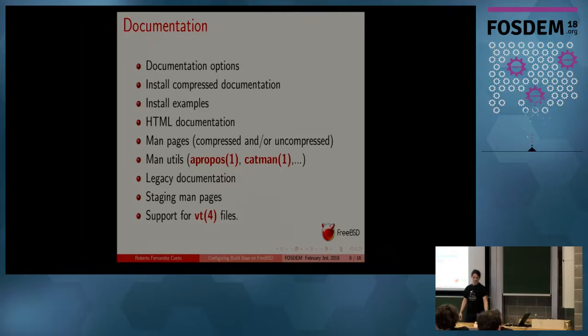Do we want man utils like apropos, catman, and so on? Do we want legacy documentation installed in our final system? Shall we stage man pages? Do we want support for VT files? That's all that goes on under documentation.